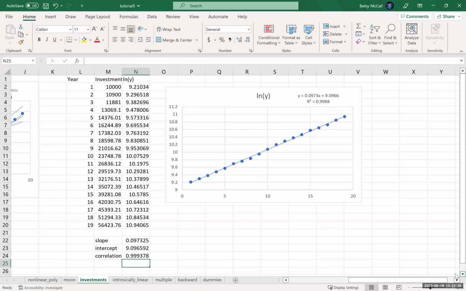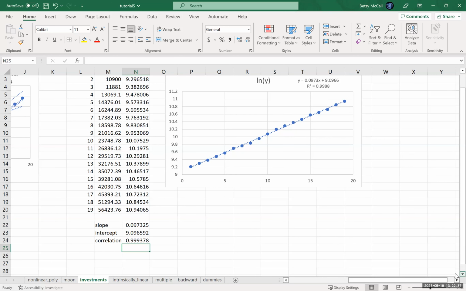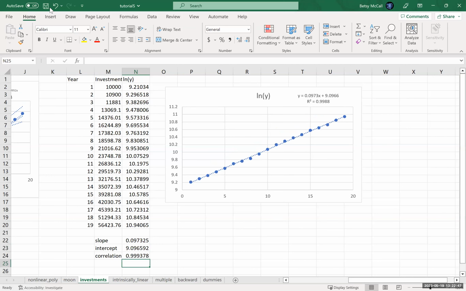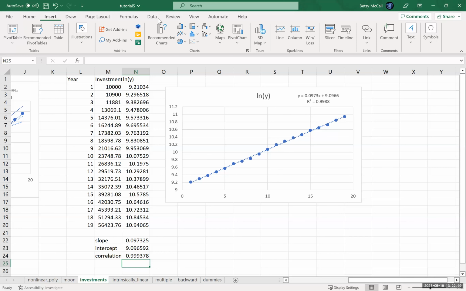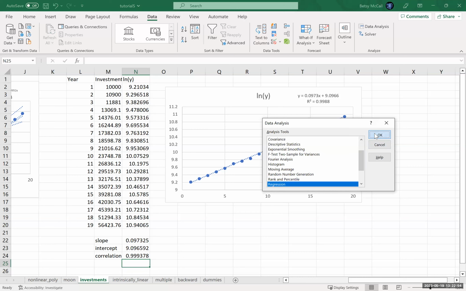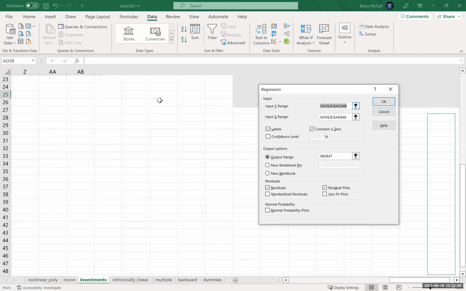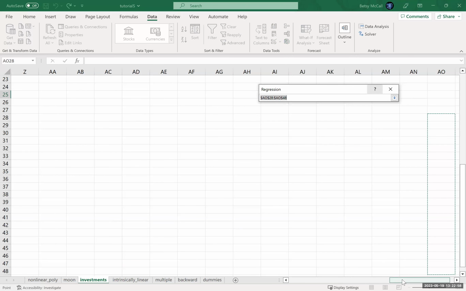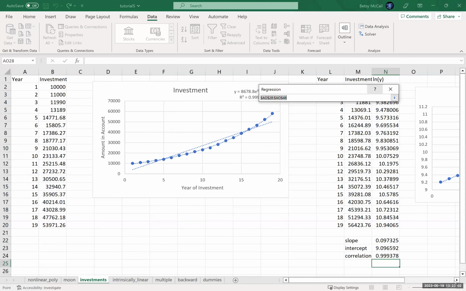All right, and so now what we want to look at again is the data analysis toolpak so that we can do our additional diagnostics. The Y values are not all the way over there. That's where they were in the last video.